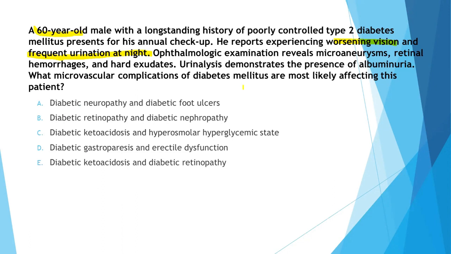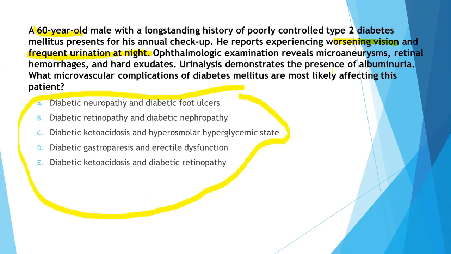Diabetic neuropathy and diabetic foot ulcers; diabetic retinopathy and diabetic nephropathy; diabetic ketoacidosis and hyperosmolar hyperglycemic state; diabetic gastroparesis and erectile dysfunction; diabetic ketoacidosis and diabetic retinopathy. Now, all these options are complications of diabetes mellitus.